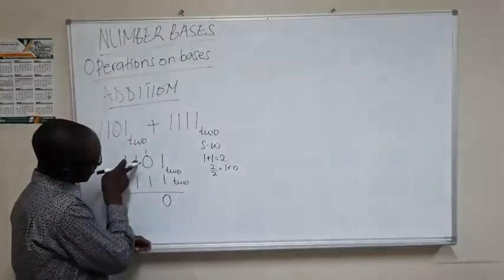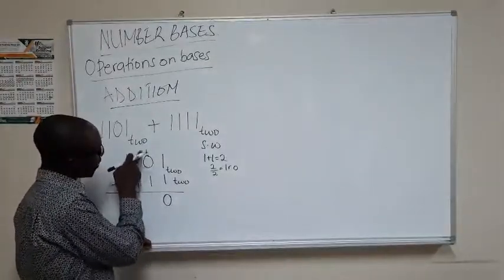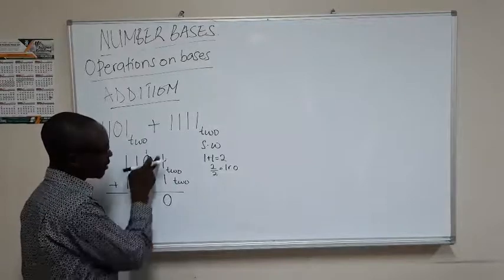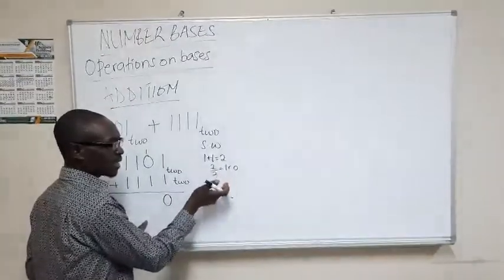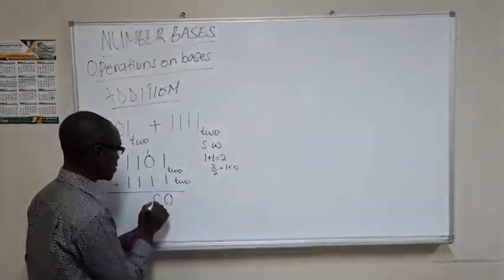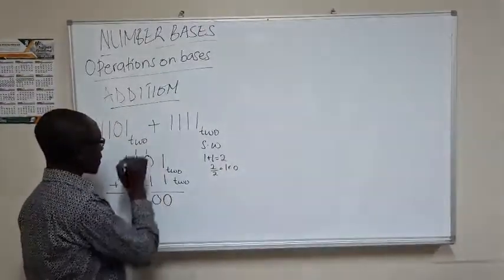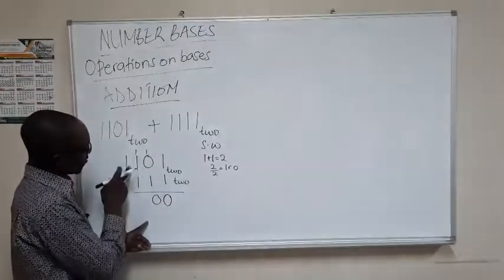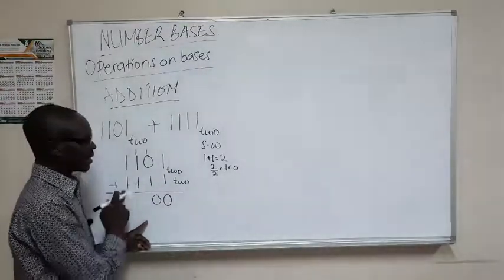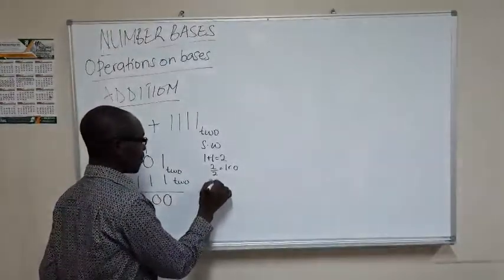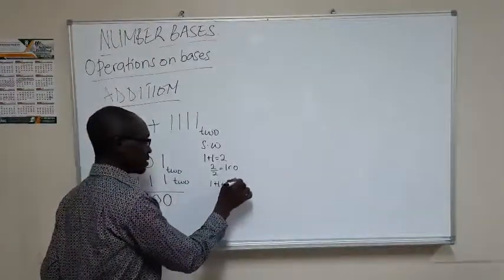It implies we are getting, since this was 0, 1 plus 1. Again, we get the same: 2. 2 by 2, I get 1 remainder 0. Put here 0. Carry the 1. Now here we are having 1 plus 1, 2, plus 1, 3. We have 1 plus 1 plus 1, which is 3.